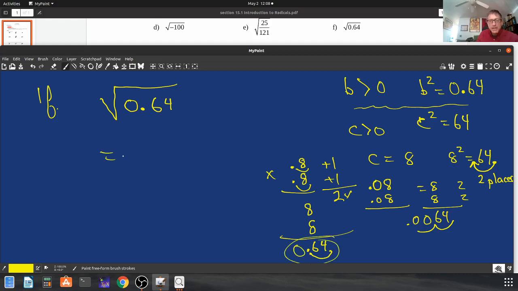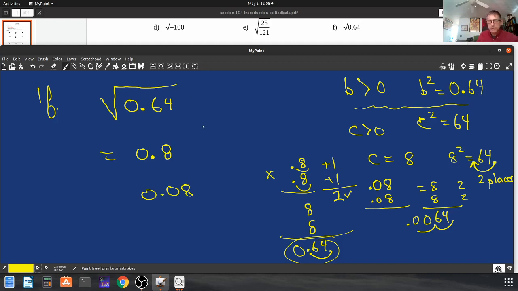So the whole point is that the answer is, with a leading 0, 0.8. Why did I go through that? Because the most common wrong answer given is 0.08. And I just showed you how to calculate that.